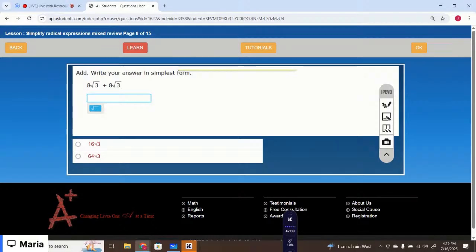Add 8 square root 3 plus 8 square root 3. That is 16 square root 3. Option number 1 is the correct option.